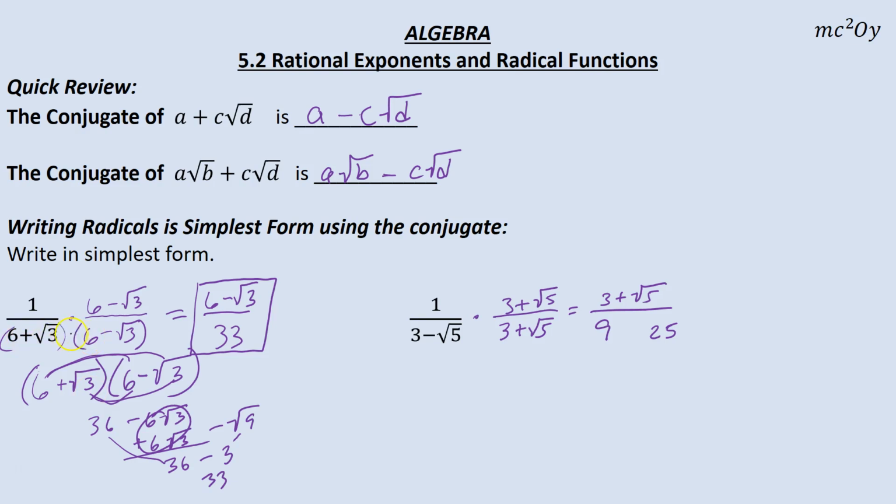So 6 squared was the 36, and root 3 times root 3 is root 9. So this is 3 times 3 is 9, and root 5 times root 5 is root 25. And I subtract in between, negative times positive. So I get 9 minus 5 on the bottom, which is 4, and 3 plus root 5 on top. And I've got the radical out of the denominator.